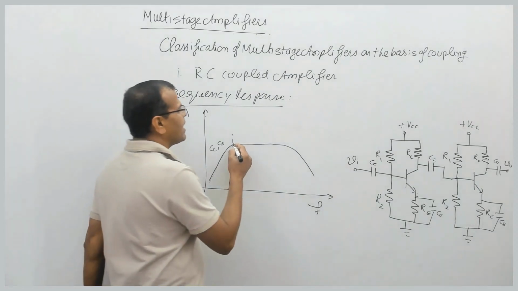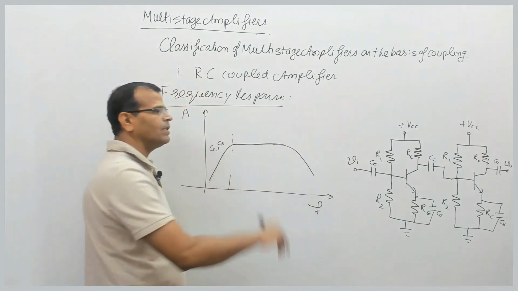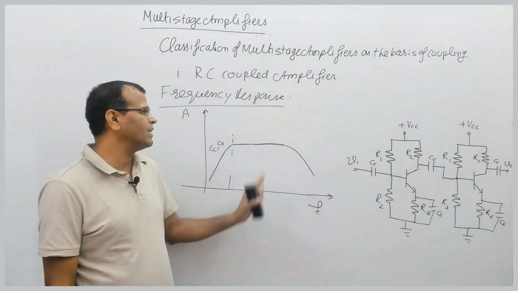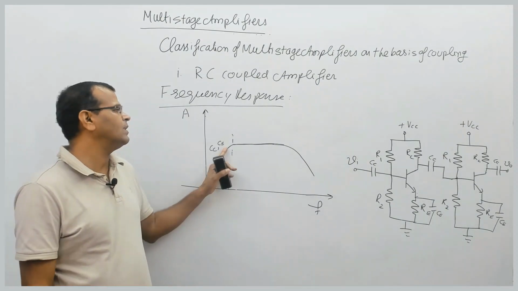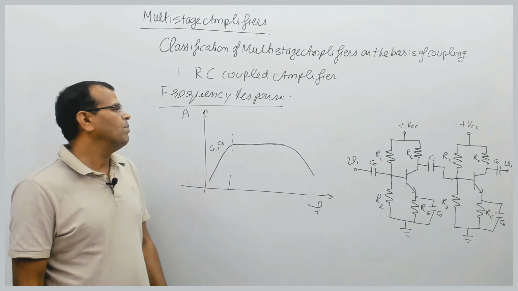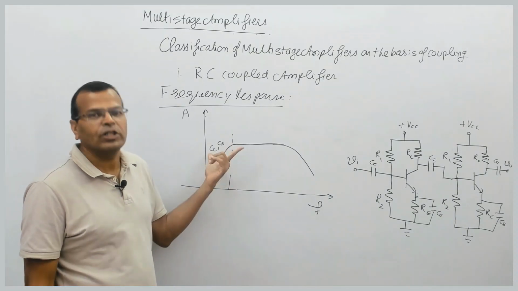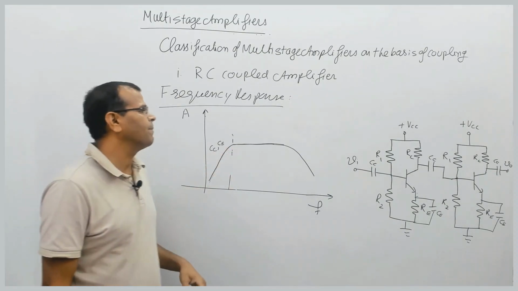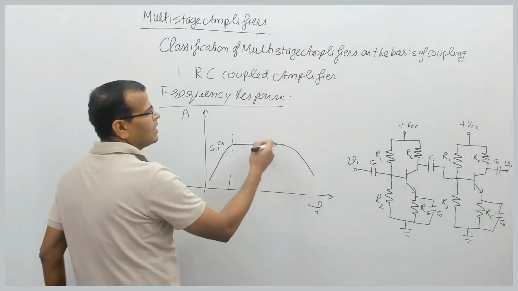At mid-band, the gain is not affected. At middle frequencies, it is not affected by these two capacitances, because these start behaving like short circuit.